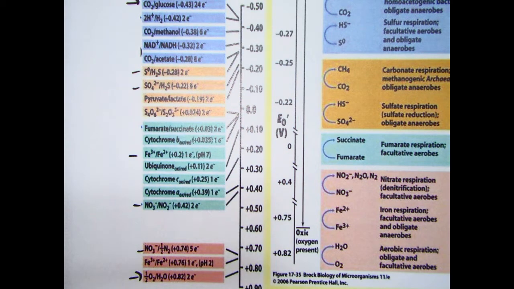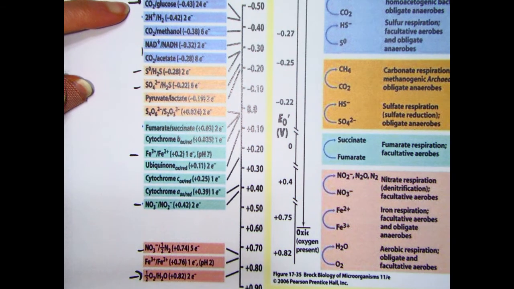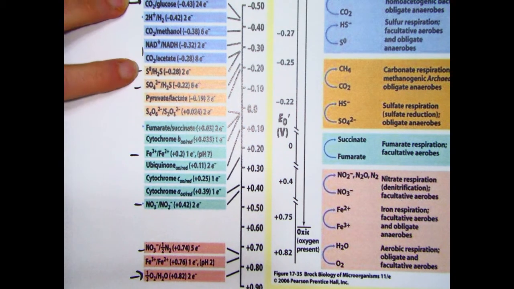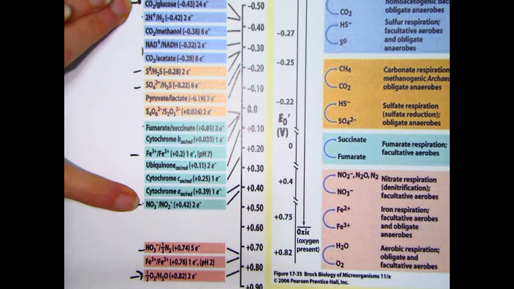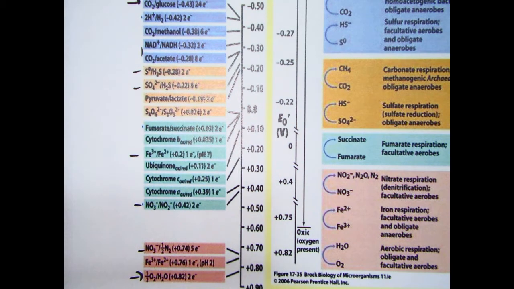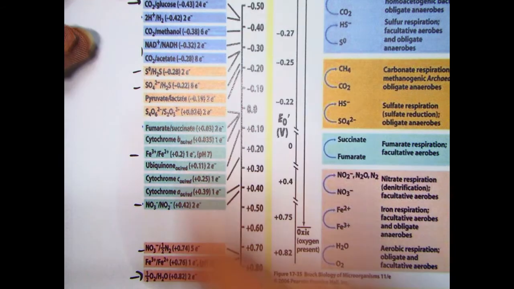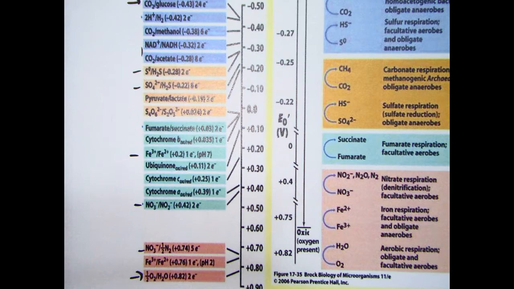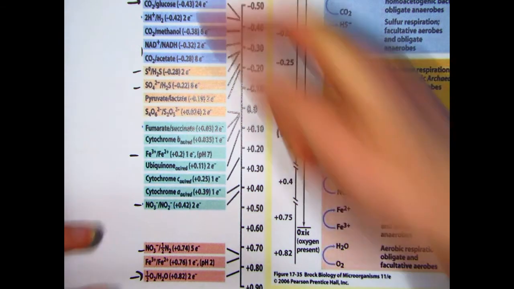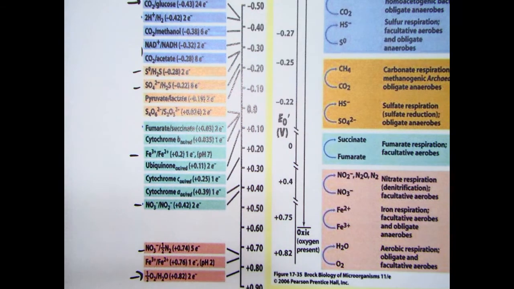And so the important bit here is you guys will remember, even though the electrons are all starting up here at glucose, the distance that the electron moves is directly connected to how much energy is made available in the PMF to produce ATP. So the farther the delta E naught prime, remember delta is change, so the change in values, aka the distance that it moves.